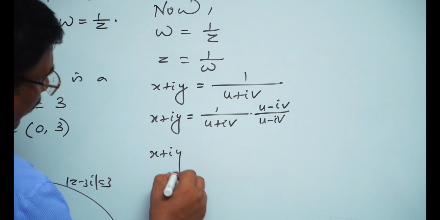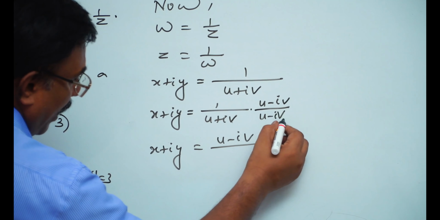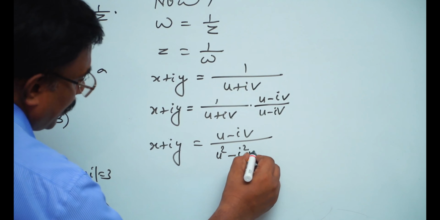X plus iy is equal to u minus iv divided by, a plus b into a minus b is a square minus i square v square. You know i square is minus 1. So x plus iy equal to u minus iv divided by u square plus v square.